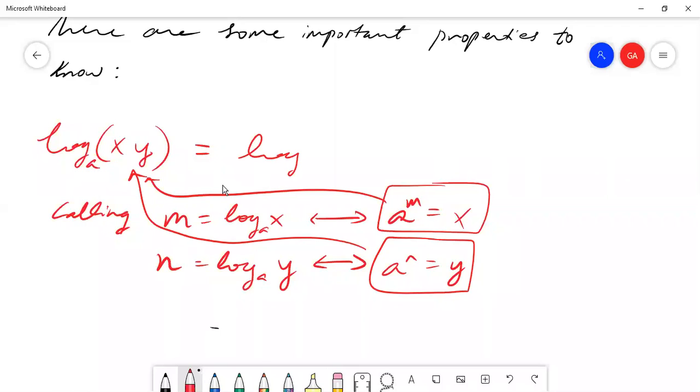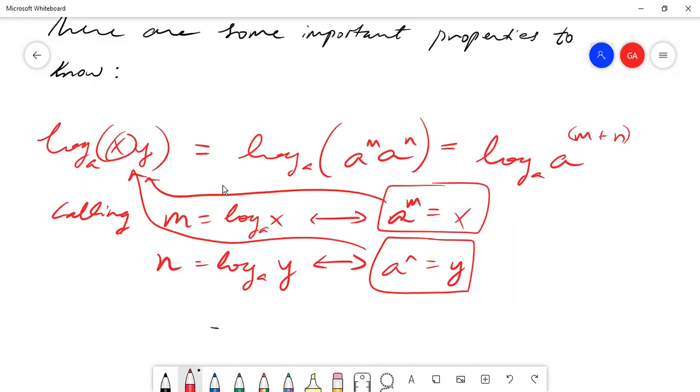So log base a. Now I'm putting in x. Well, x is a to the m. Y is a to the n. But we know from our exponent properties that when the base is the same, we add the exponents, right? I'm putting more parentheses than I need just to make this extra clear.